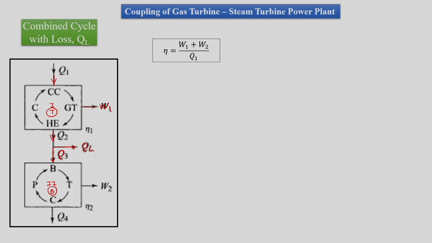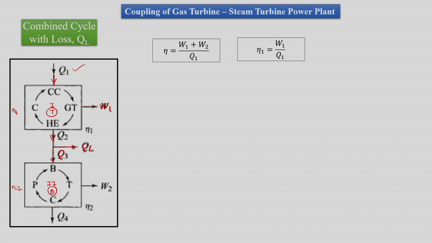We know that the total efficiency of the combined cycle is equal to W1 plus W2 divided by Q1. Q1 is the total heat taken from the surroundings, where eta 1 is the efficiency of the topping cycle and eta 2 is the efficiency of the bottoming cycle.